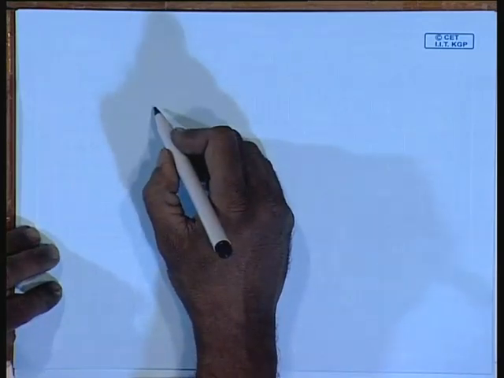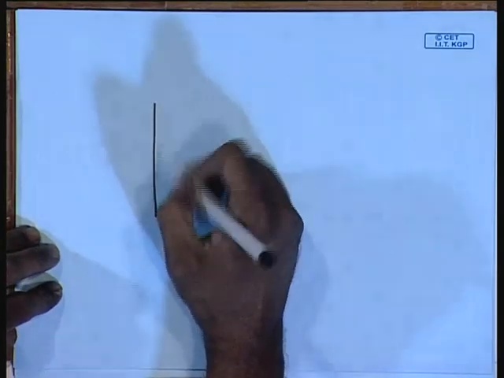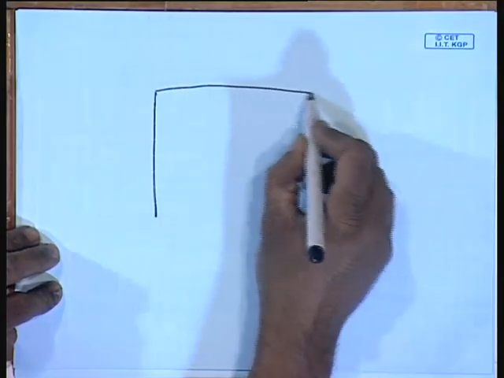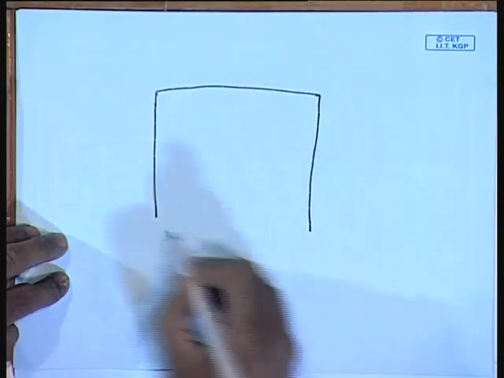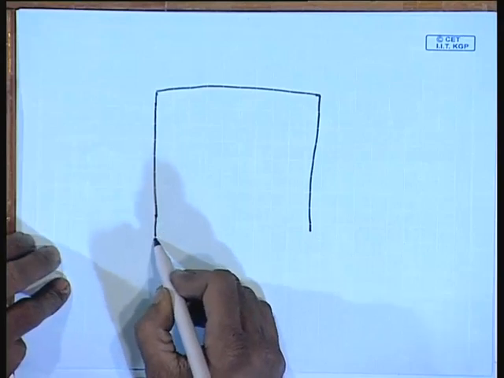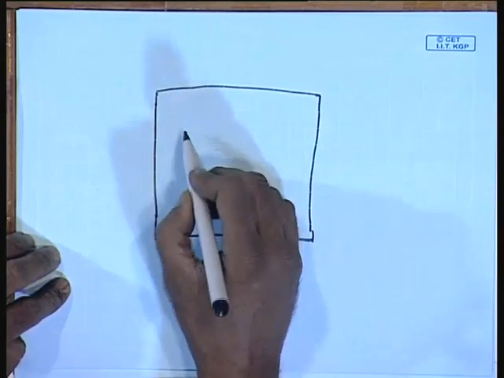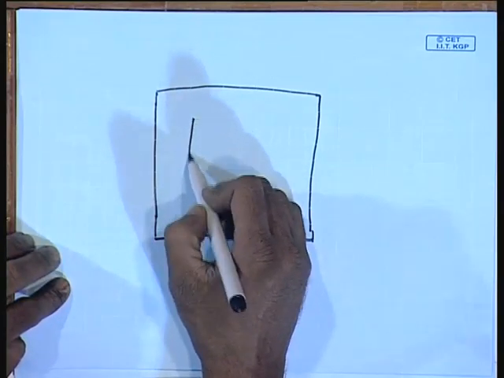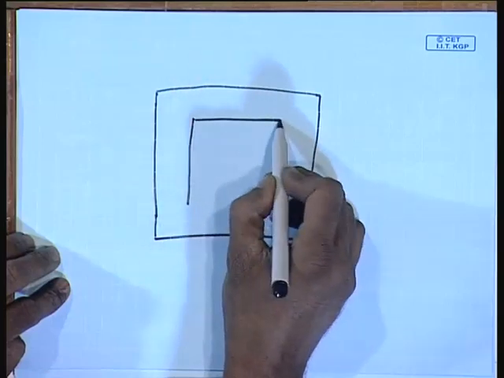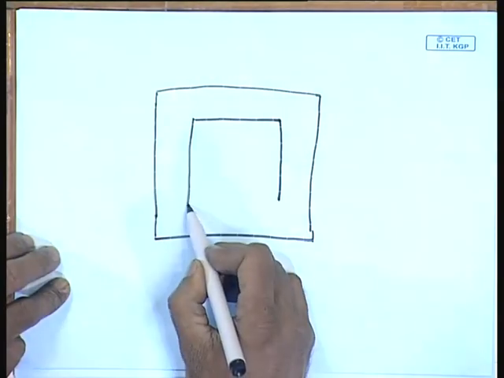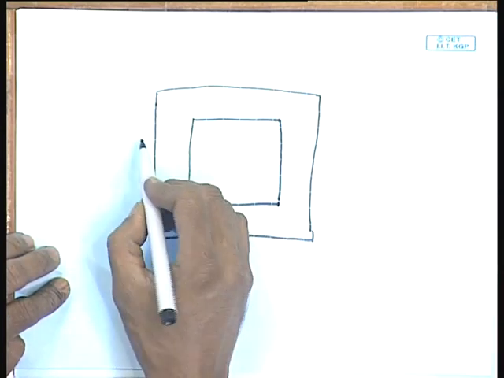The structure of a magnetic circuit, as we have said, consists of a regular core and a winding.